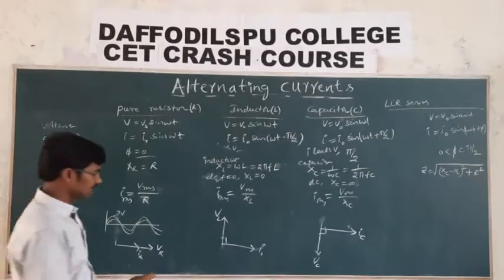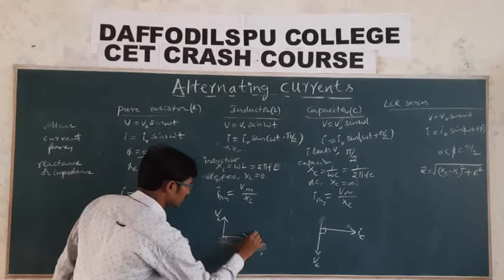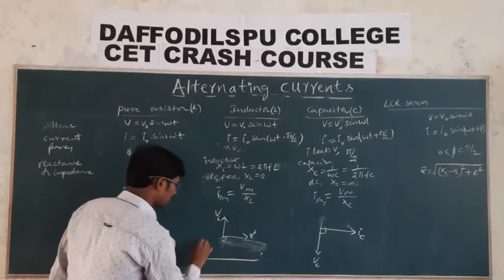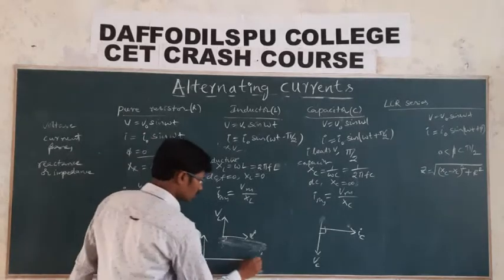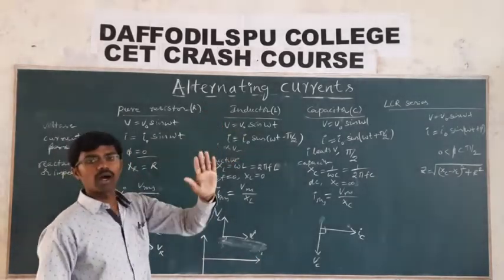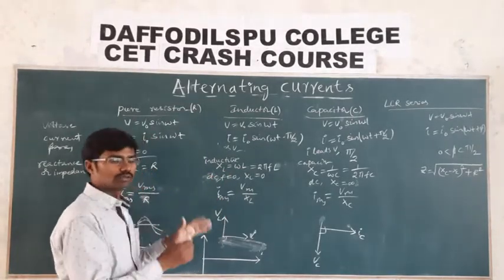But let me discuss here, when we discuss this case here, phasor diagram. Current is lagging, voltage is leading. Whatever may be the leading, that would be nearer to the origin. Is it?